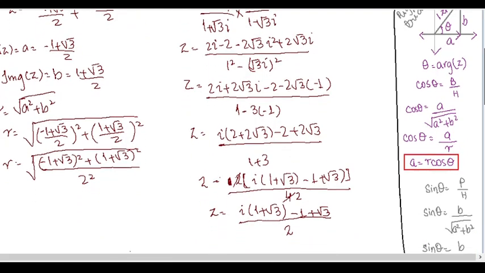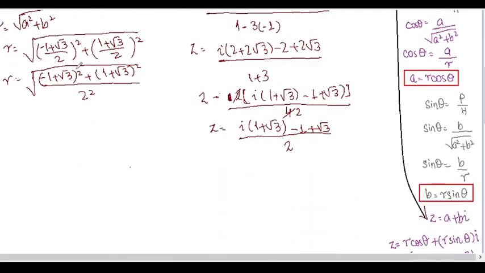Now we apply this square root on both the numerator and denominator separately. So we get r equals square root of (minus 1 plus square root of 3) whole square, which is a plus b. We are going to use the formula, I'm going to change the color. Okay, (a plus b) whole square equals a square plus b square plus 2ab, and (a minus b) whole square equals a square plus b square minus 2ab. Now we use these two formulas over here.